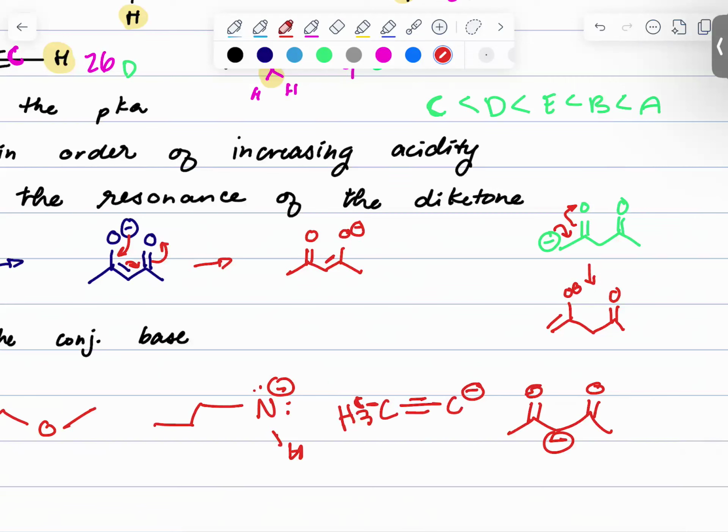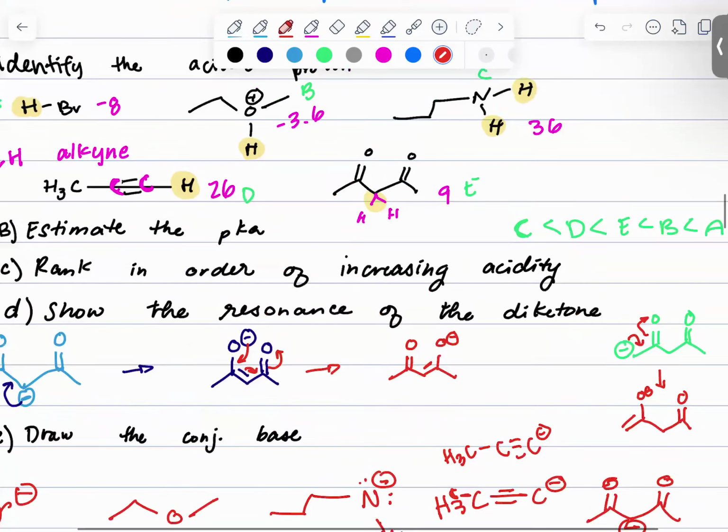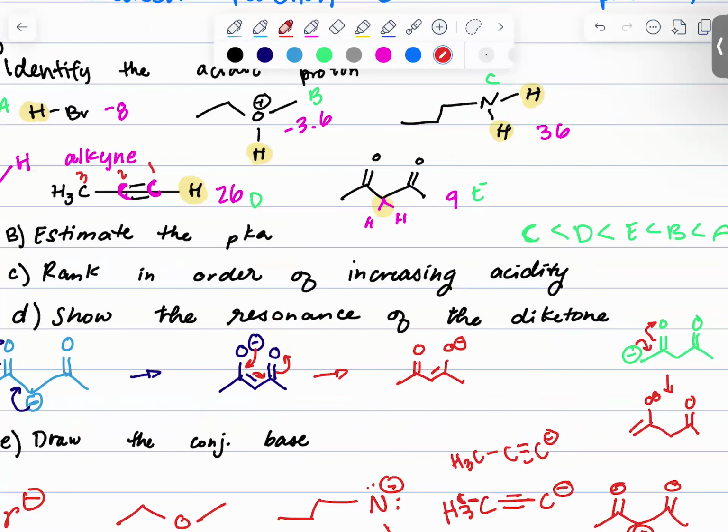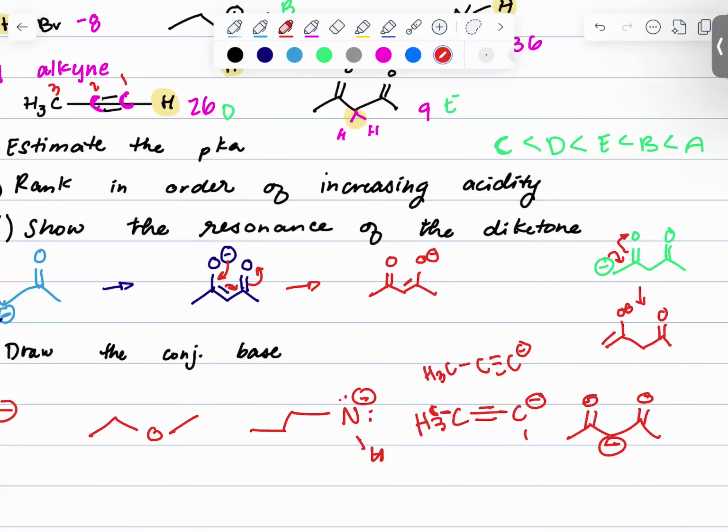Because if we look here, we have 1, 2, 3 carbons. You only have 2 here. We need 1, 2, 3 carbons. Okay. Everyone agree with my conjugate bases? Do we have questions on how we got there?